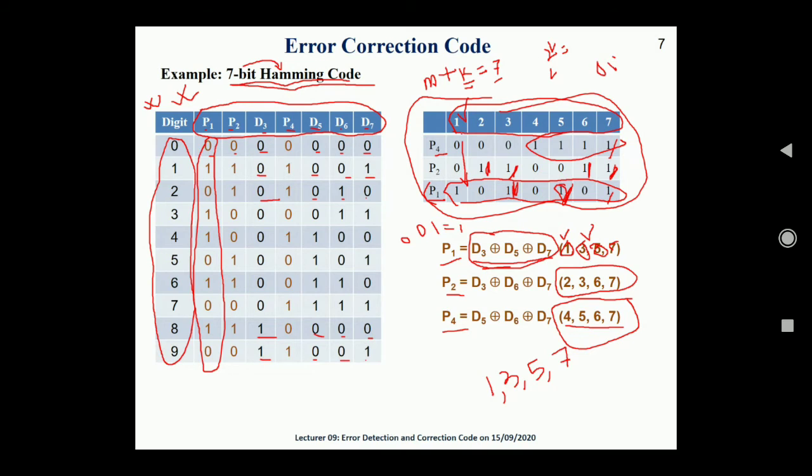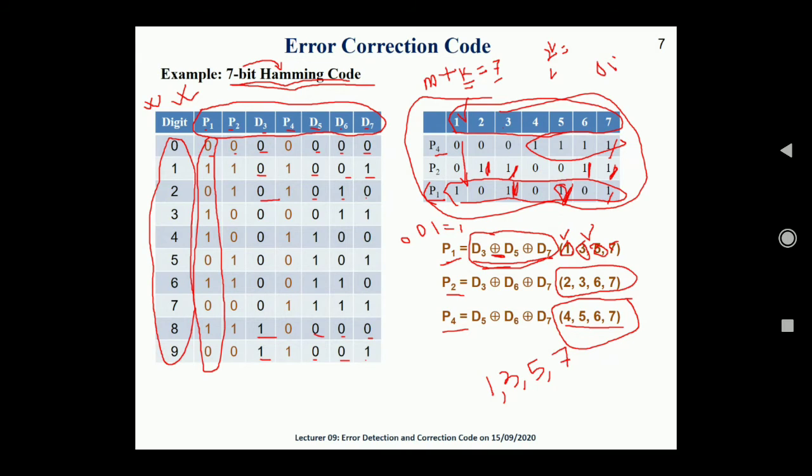So how are we getting this one? P1 equal to D3 modulo 2 D5, D5 modulo 2 D7. This is the symbol of modulo 2, because we cannot use XOR, since till now we have not discussed the logic gates. When we discuss the logic gates, that time we can use this particular term in a different way. But till now you consider this one as modulo 2.